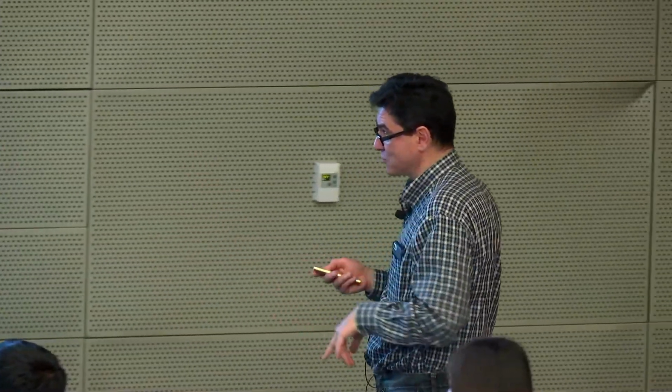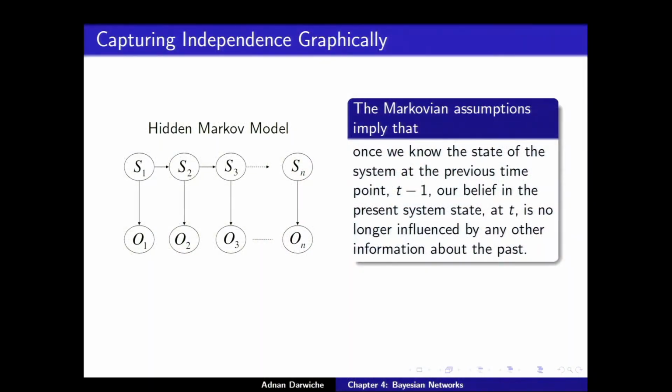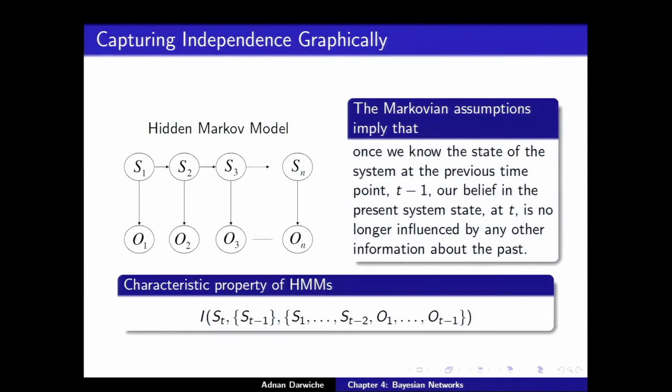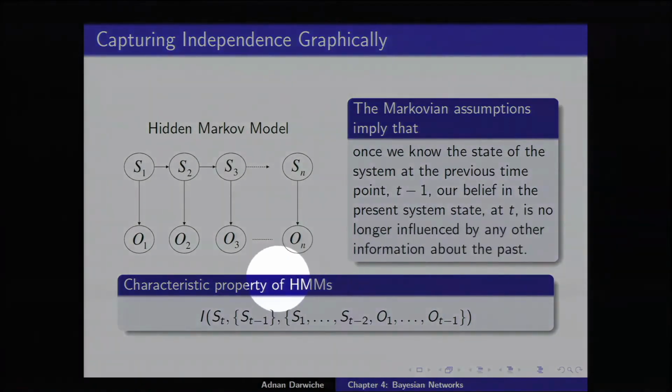But let's go back to what the Markovian assumption says in this case. The Markovian assumption in this case basically says that once we know the state of the system at the previous time point, t minus 1, our belief in the present system state at t is no longer influenced by any other information about the past. If we look at it as an equation, or formally, here's how it looks.